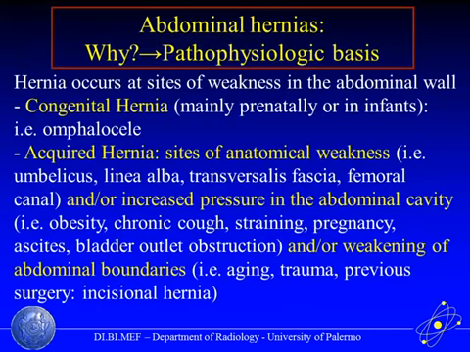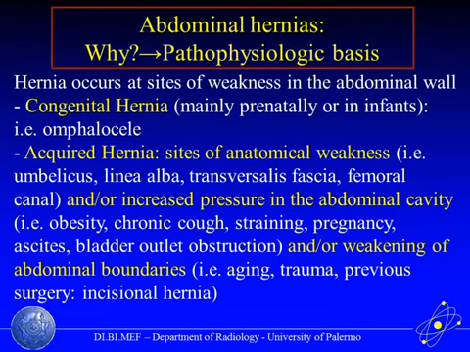Why do abdominal hernias occur? Usually, hernia occurs at sites of weakness in the abdominal wall. Hernia may be congenital, mainly in newborns, like omphalocele, or acquired.